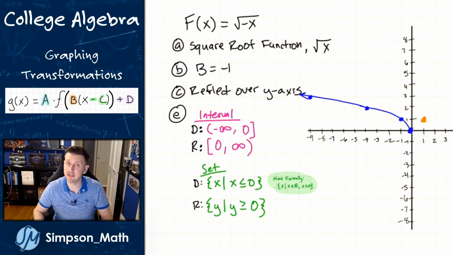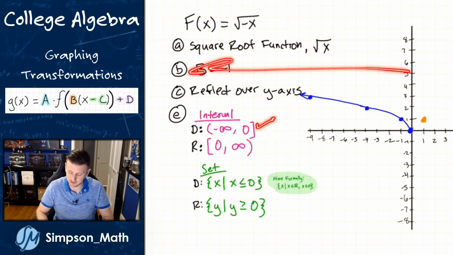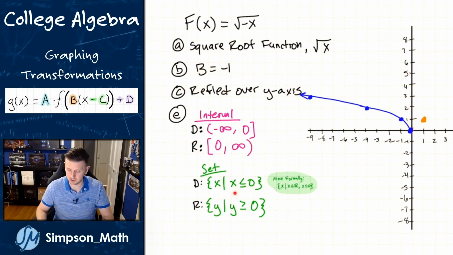What does change is the domain. It's now going from negative infinity all the way up to and stopping at 0. So a square bracket at 0, or x is less than or equal to 0 for the set notation. So make sure we don't get tripped up about the domain or the range on this one.